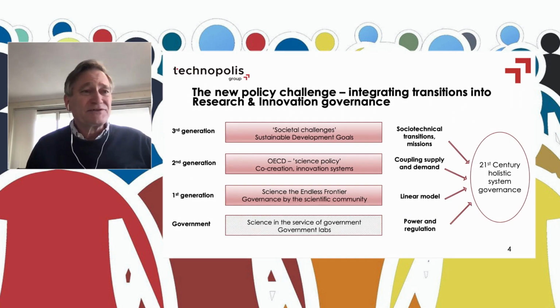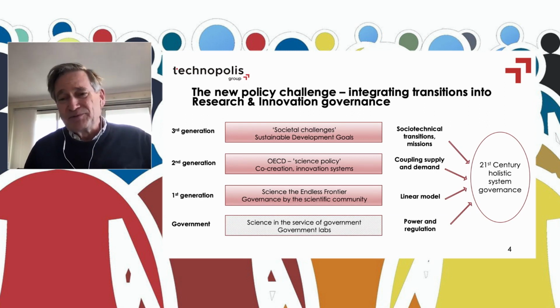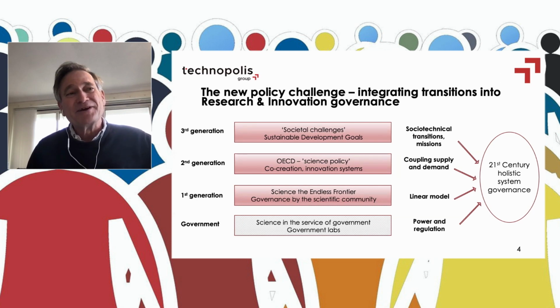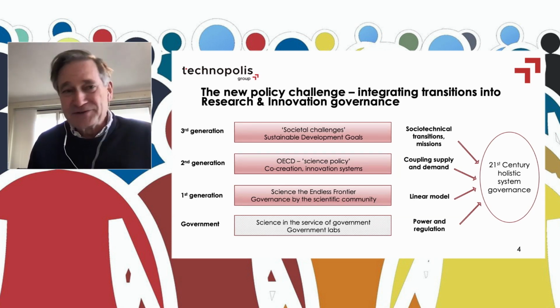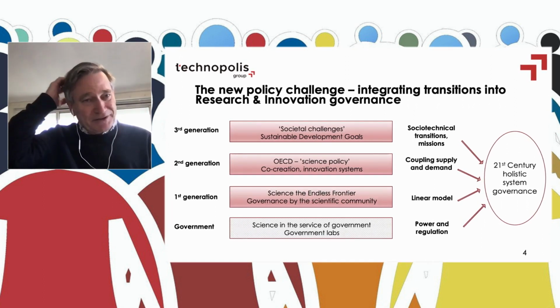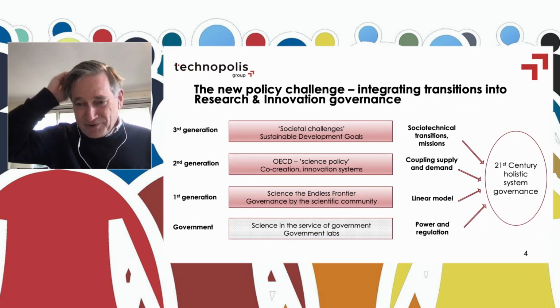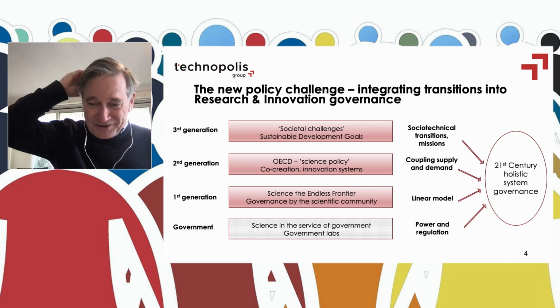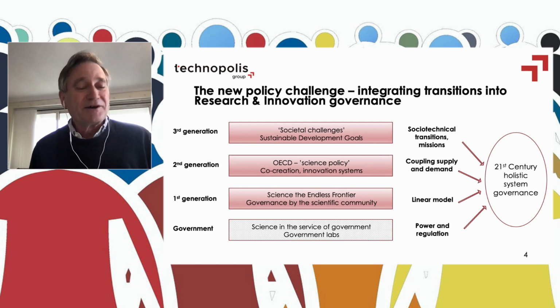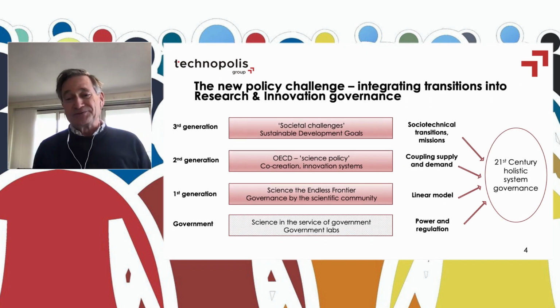But the fuss, in a sense, really starts with Vannevar Bush's manifesto, Science, the Endless Frontier, where he proposes governance of research by the scientific community. And there's a big fight with the various departments of state in the USA. And in the end, defense keeps their research and health keeps their research. But you do get the National Science Foundation.